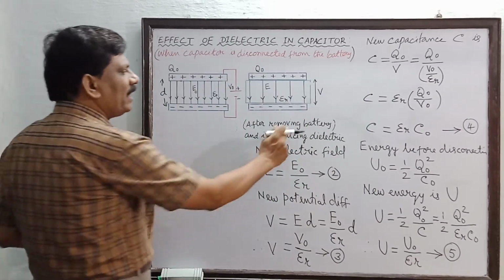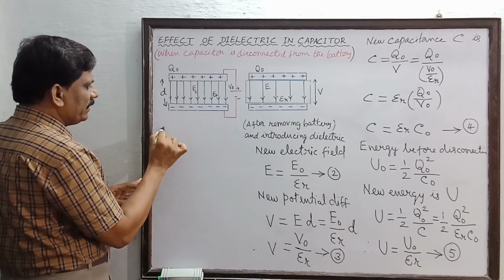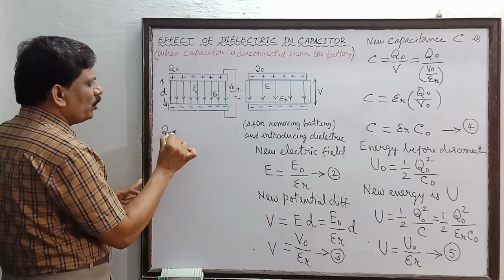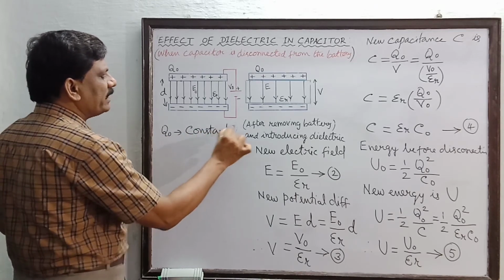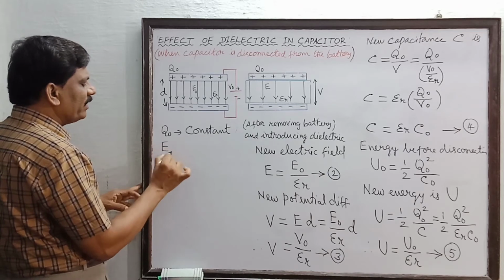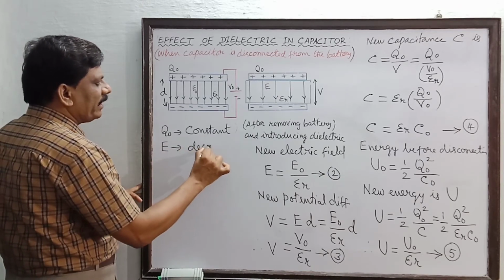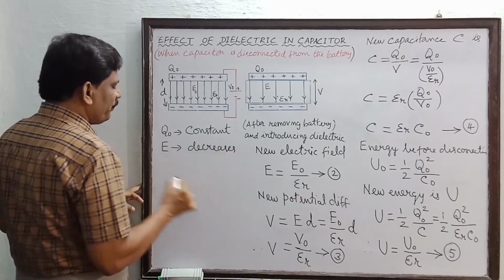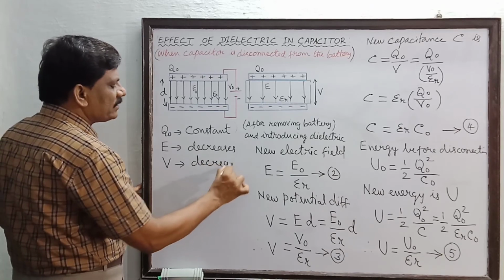So after removing the battery and introducing a dielectric, first you see that, my dear students, Q naught is constant, the charge remains constant. Then the electric field decreases, and the potential difference also decreases.